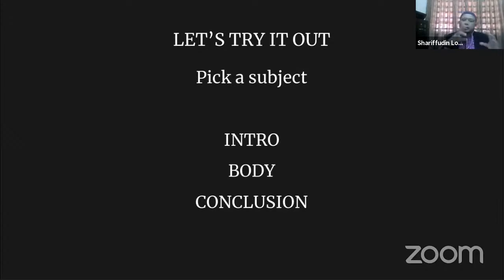Okay, so plan your speech. When you write your speech, plan it well from A to Z. Imagine how it's going to go to the end, how you are going to deliver it, and visualize this.